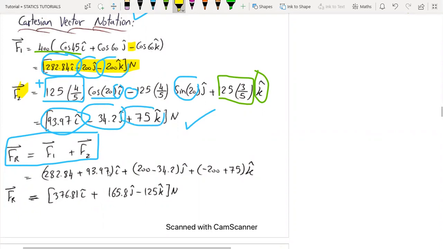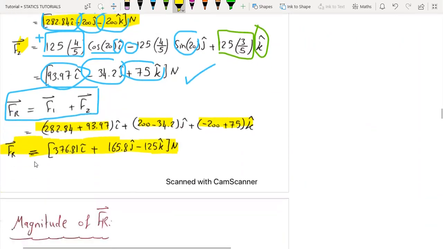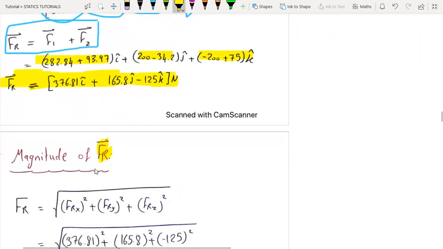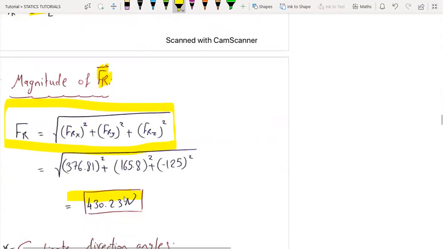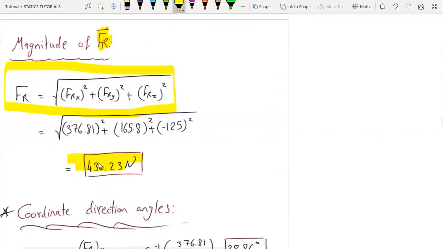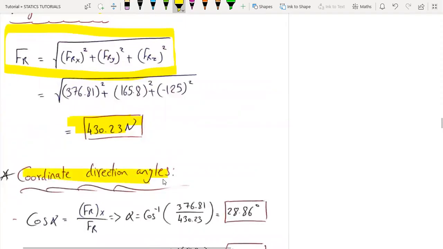And we are going to get the resultant in Cartesian vector notation. Now, if we want to find the magnitude of Fr, we simply substitute in this equation, and we'll get the magnitude to be 430.23 newtons.